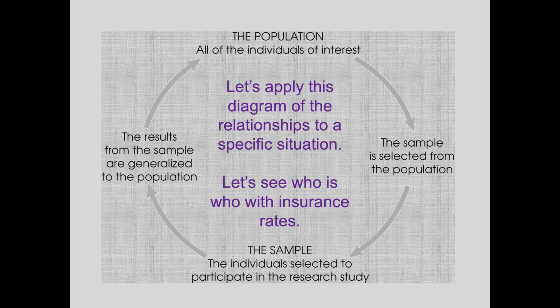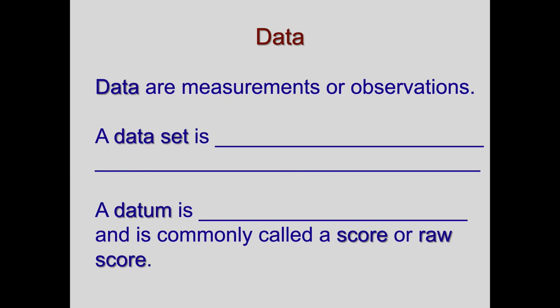They do not look at the driving habits of every single person in the United States of America. I don't think they have enough people hired to do that. Then they get the results from that sample, the people who were selected to participate in the survey, and then they generalize it to the entire population, and that in turn lets them set insurance rates.